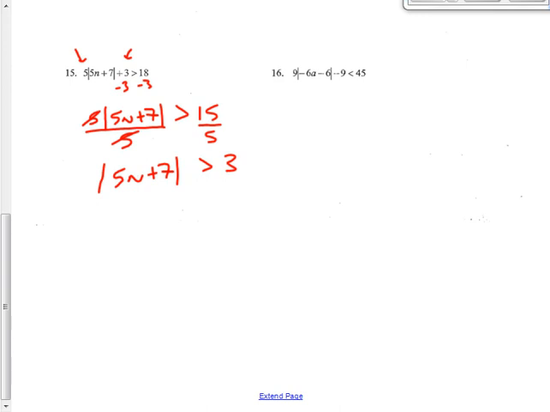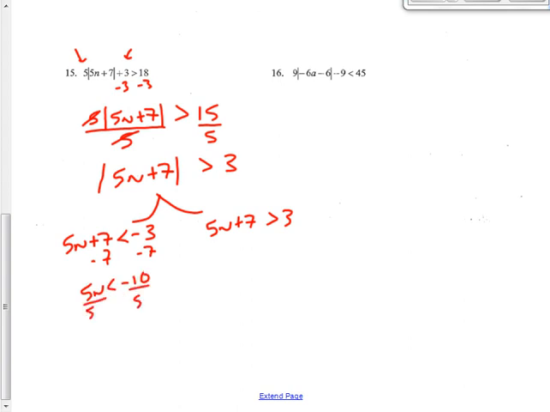Now I've got a situation where I can split this. The absolute value is by itself. So I get 5n plus 7. I'm going to make this the negative side so the inequality switches. And 5n plus 7, the inequality stays the same because I'm leaving the answer positive. When I go through and solve both of these, I'm subtracting 7 from both sides, so 5n less than negative 10. Divide by 5, n is less than negative 2.